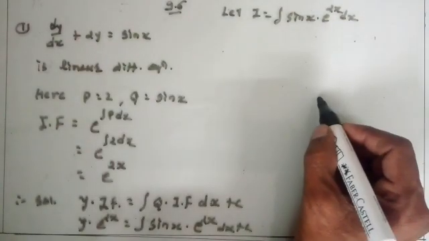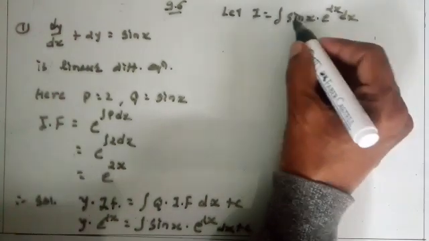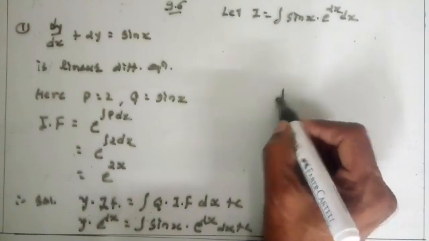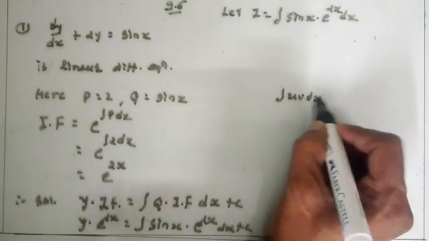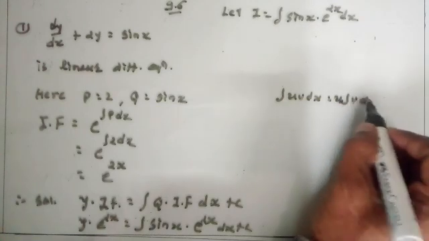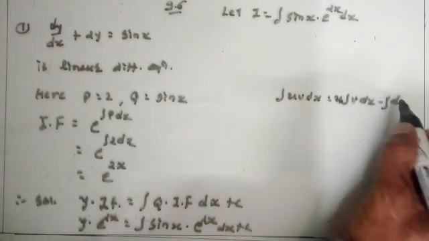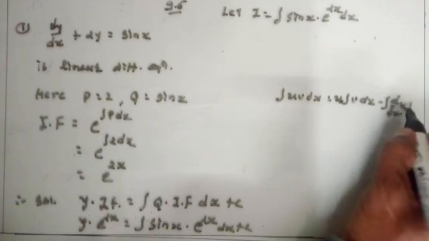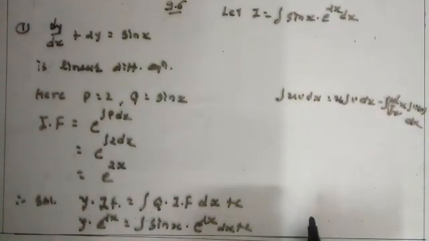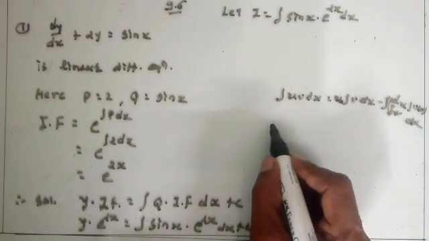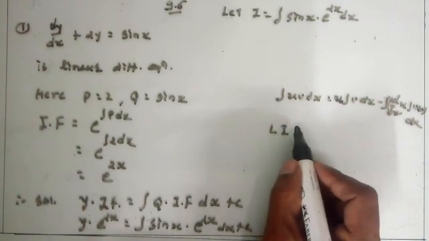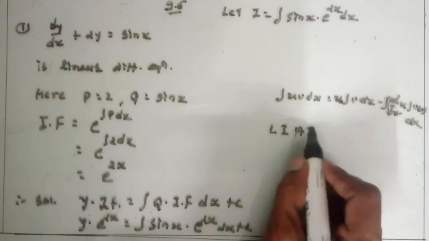Here we know that to get the integration of u into v dx, we apply this law: integration of u v dx is equal to u times integration of v dx, minus integration of d/dx of u times integration of v dx, whole dx. You know that. For this we apply the rule LIATE.